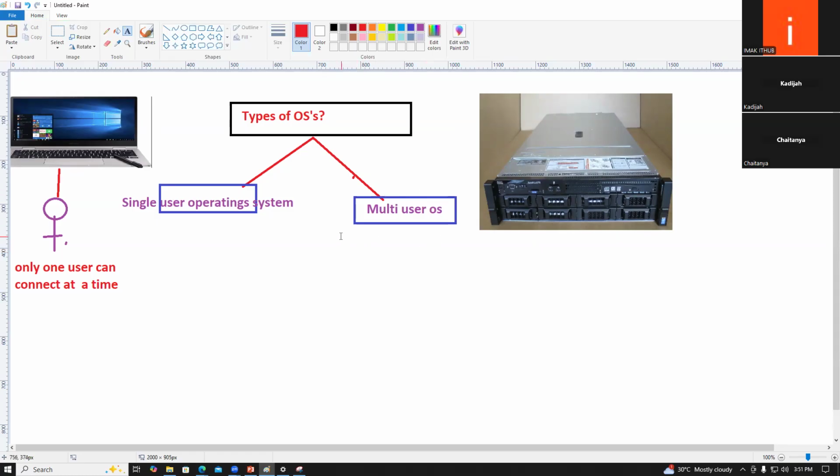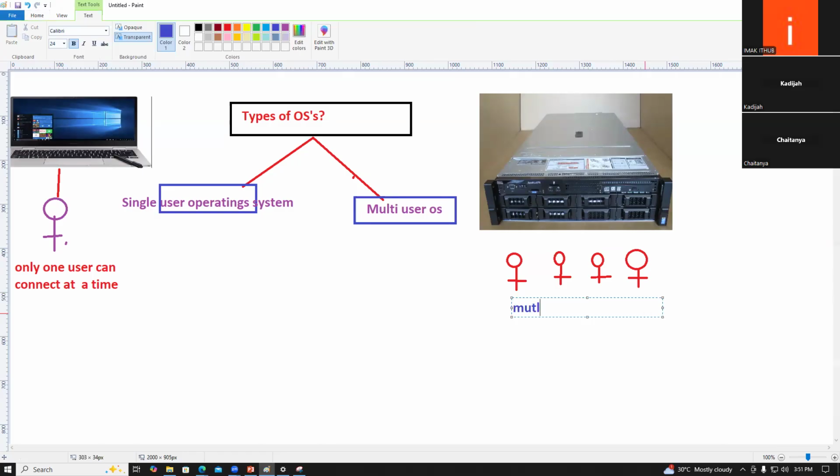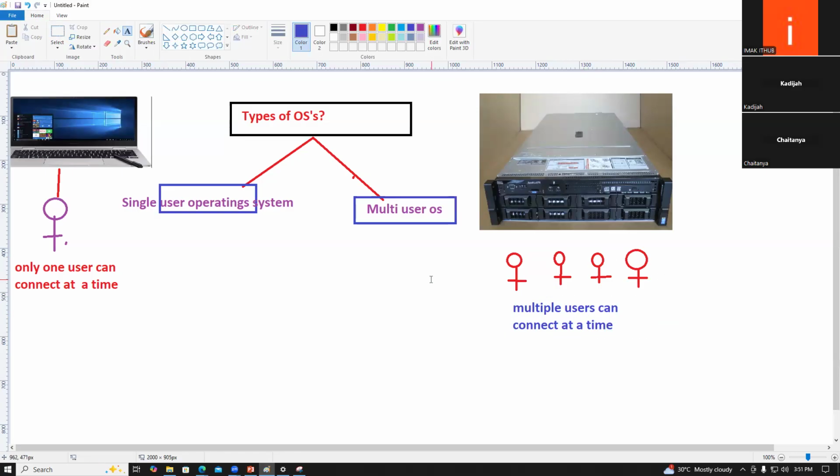So multi-user operating system means multiple people connect at a time. So how many users are connected for this OS? Multiple. Very good. You are on the right track. Multiple users can connect at a time.